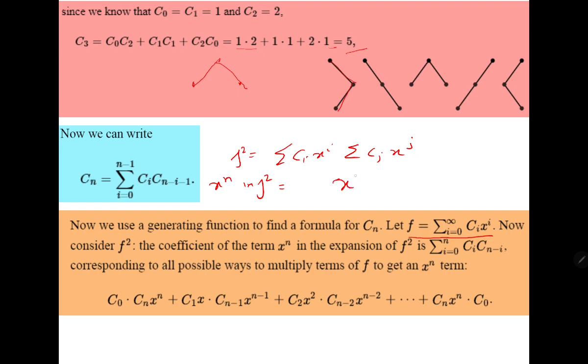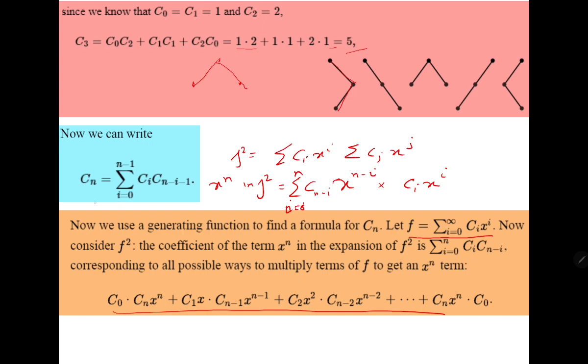If I pick x raised to the power n minus i from here, that gives you Cn minus i, and multiply it with x raised to the power i and Ci, and then take the summation, where i is moving from 0 to n. So this gives me the coefficient of x raised to the power n in f square.